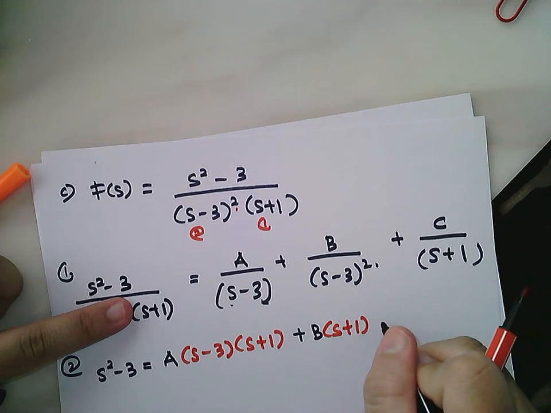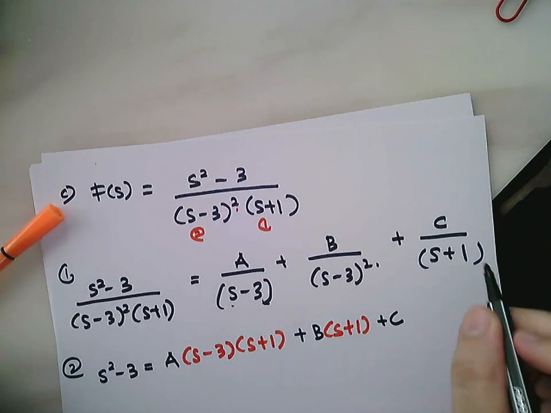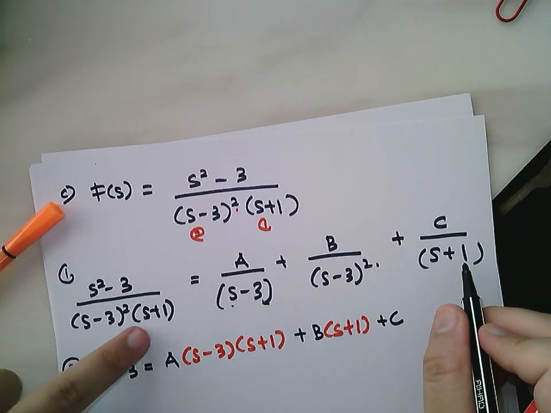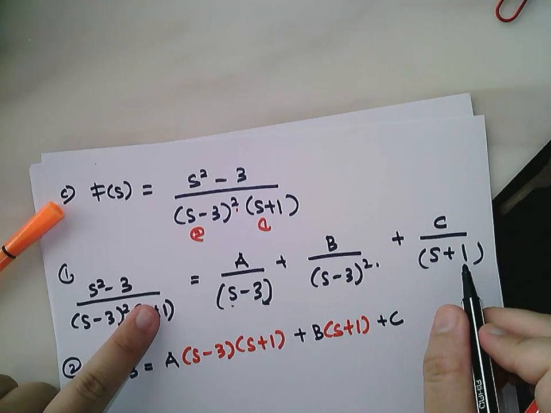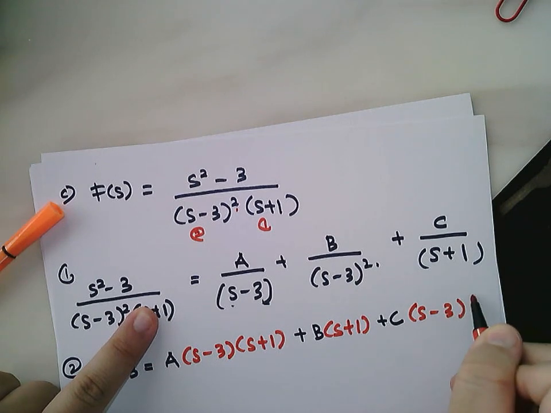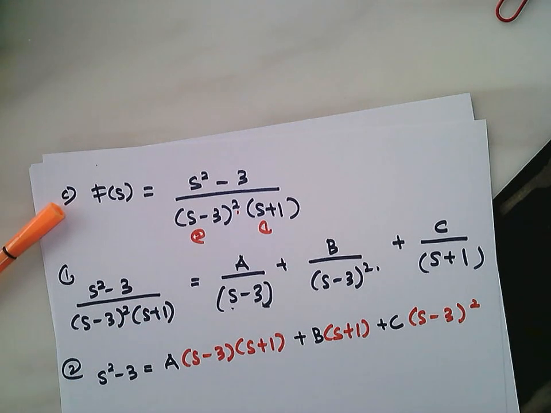And the last one is plus C. As you can see, this is (s plus 1), so you already have this one, and the one that is missing is (s minus 3) the whole thing squared. Now you need to expand every single thing here and factorize according to the variable.